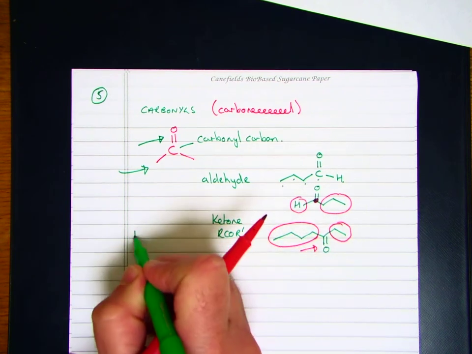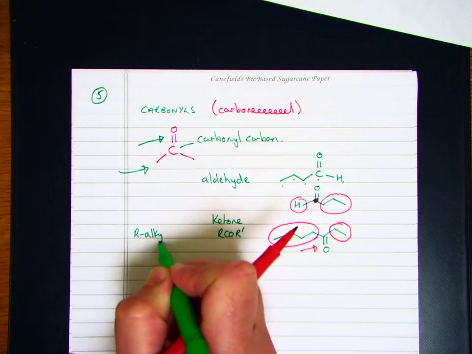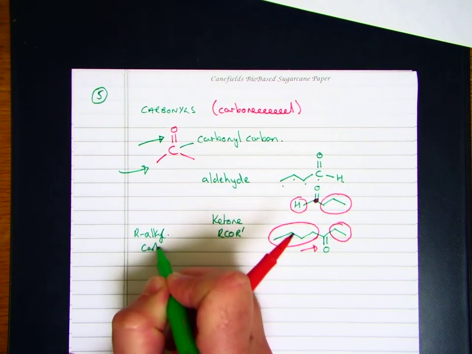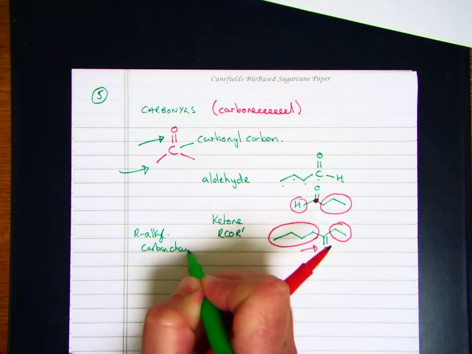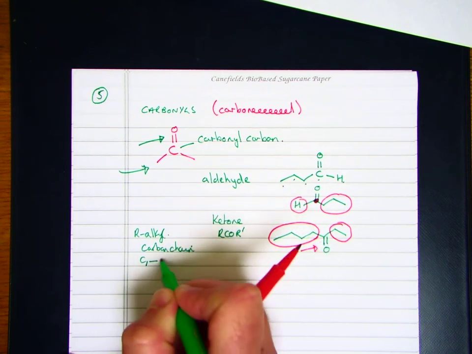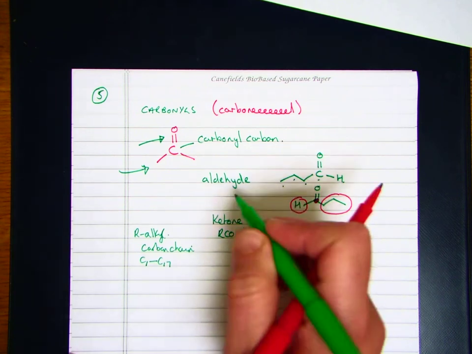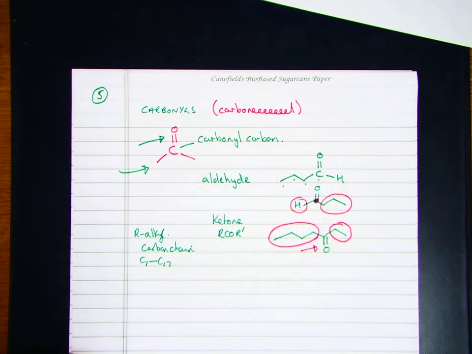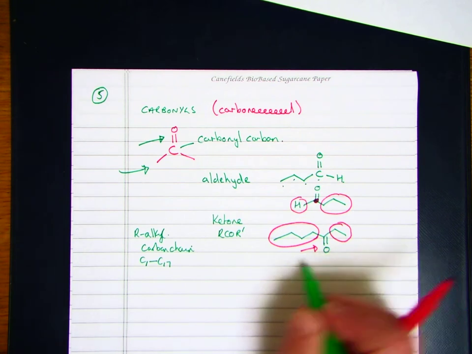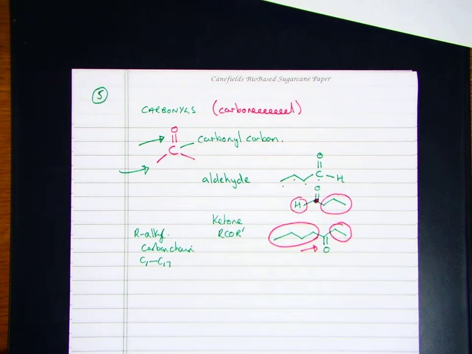Now, R indicates an alkyl group. And an alkyl group is simply a carbon chain. So carbon chain, again, from C1 through, let's do C17 for the day. So that's a ketone, that's an aldehyde. We've got carbon chains with hydrogens or carbon chains on either side, aldehyde or ketone.